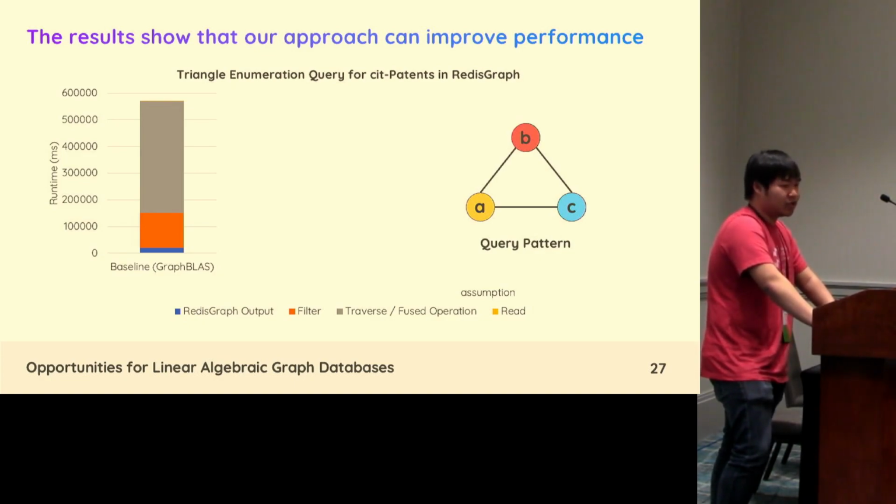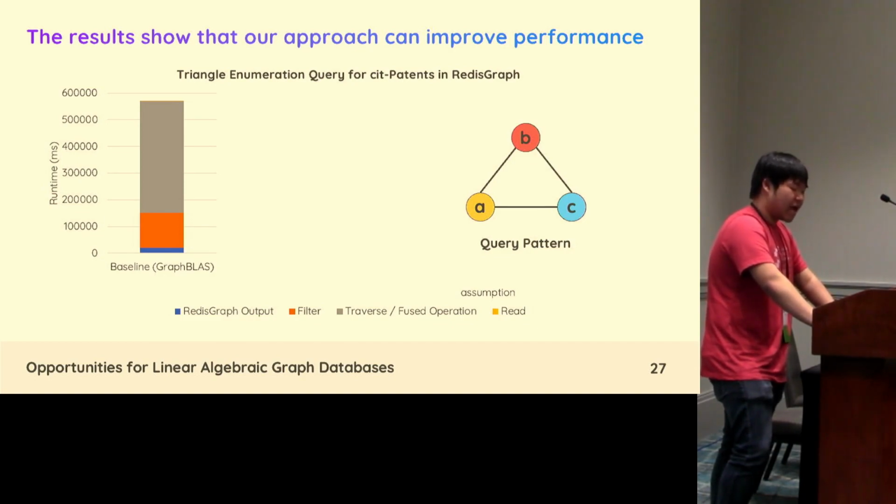The plot I am going to show you has a y-axis, which is runtime in milliseconds, and the x-axis will be different implementations. Each bar is going to contain 4 stacks. The first stack represents the runtime for the read-only stage, which is the first stage.